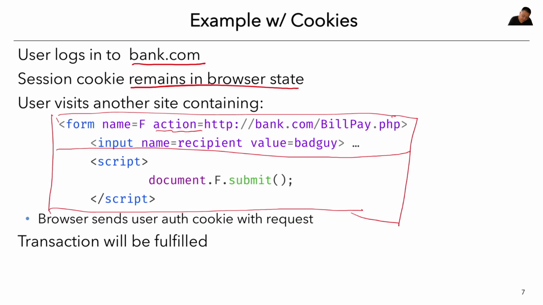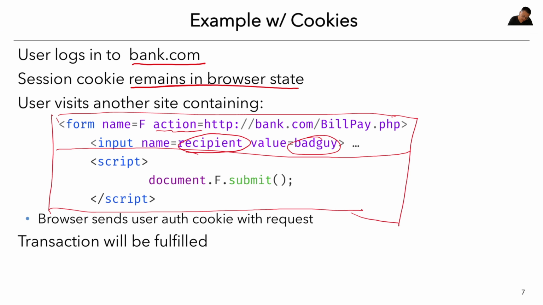So here it is using bank.com to pay some bills. Which bill do you want to pay, and what's the value for this field, right? So the recipient sends this to which one?